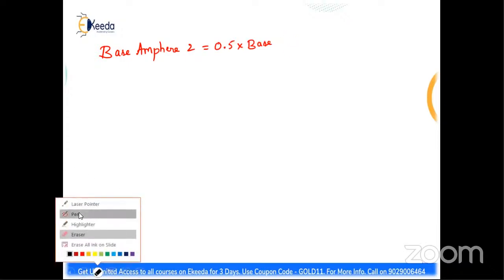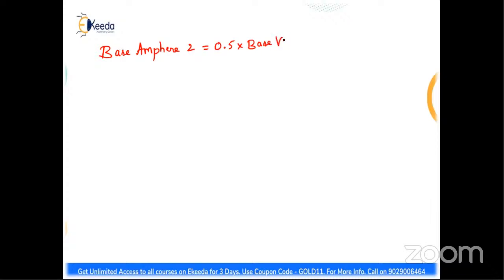So now, next step is base ampere 2. We'll take it as base ampere 2 is equals to 0.5 into base VA1 divided by 0.5 into base voltage 1.